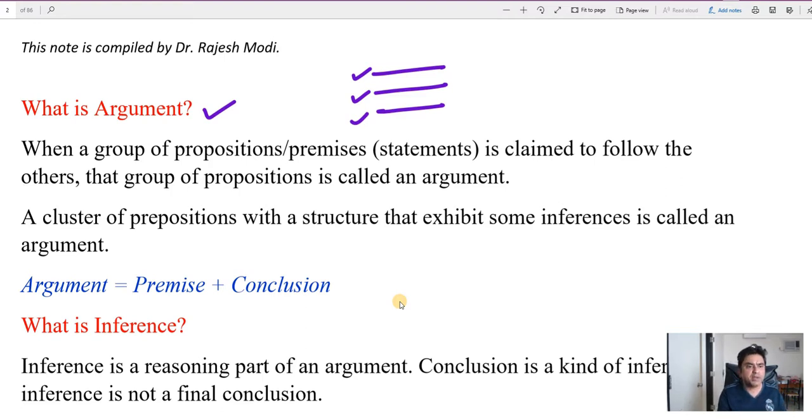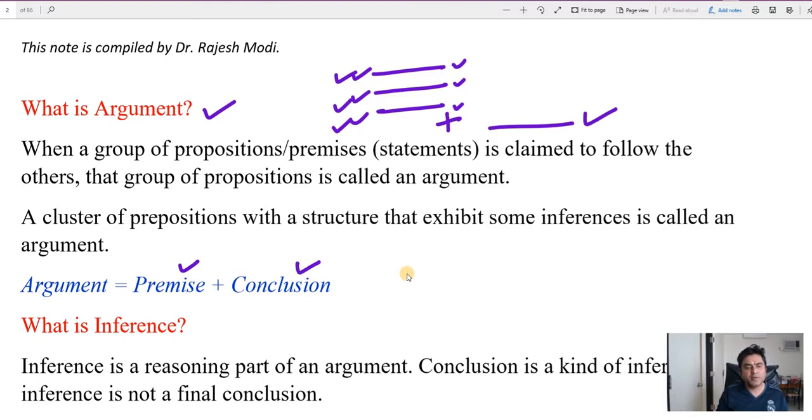It is a cluster of propositions with a structure that exhibits some inferences. From these sentences you can draw inferences. So argument means two things: the sentences that we are putting together plus the conclusion that we are giving to other people. So argument is equal to premises plus conclusion.